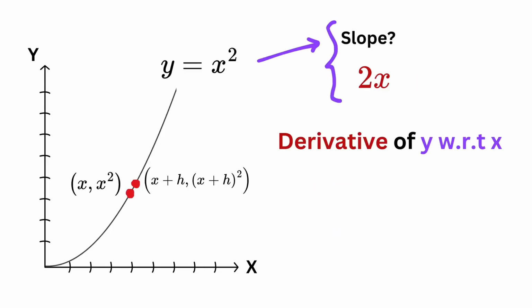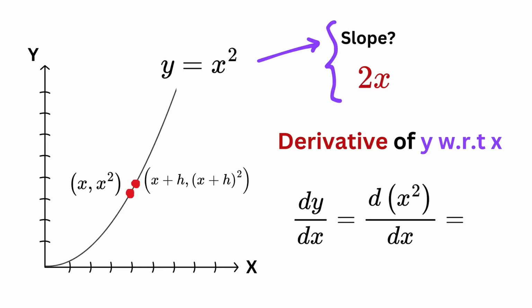So we say that the derivative of y, which is represented using dy over dx, which indicates the change in y with respect to x at a given point, is 2x when y equals x square.